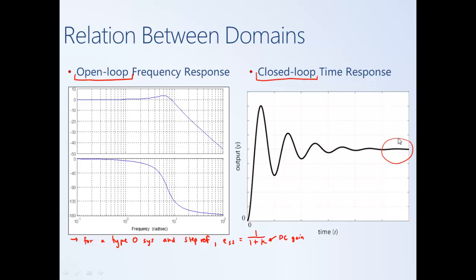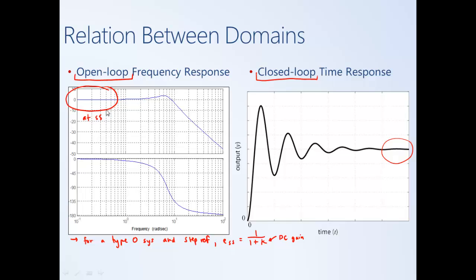And so if we look at a system's frequency response, small frequencies are to the left on the Bode plot. So this region over here gives an indication of a system's DC gain, and in turn tells us about a system's steady state performance at steady state.